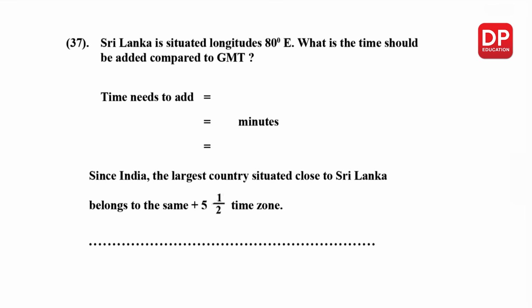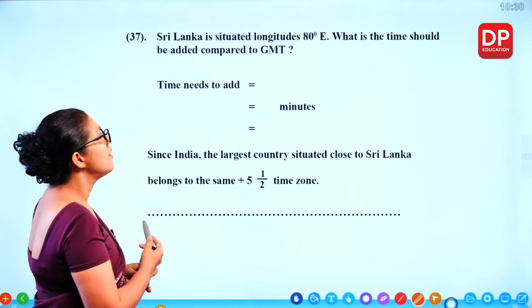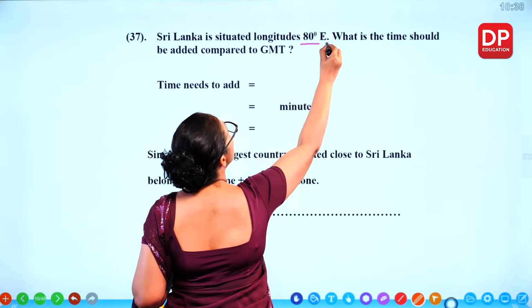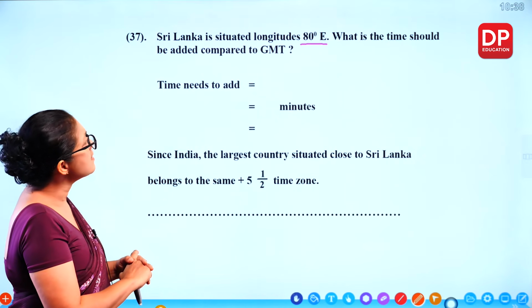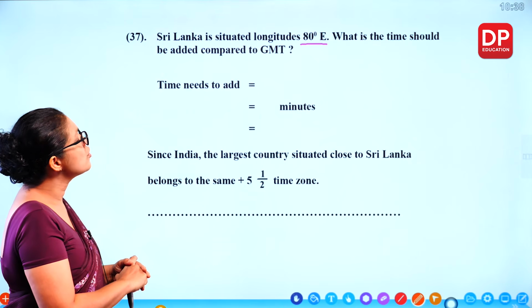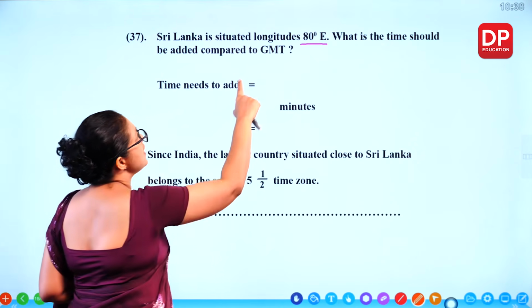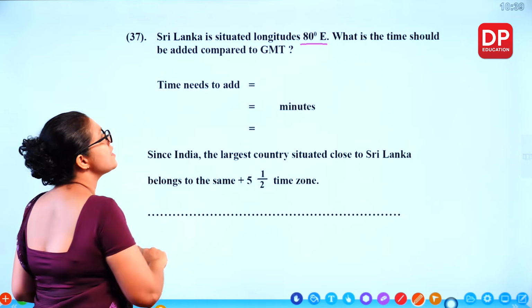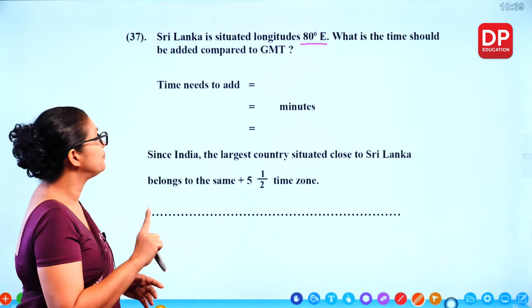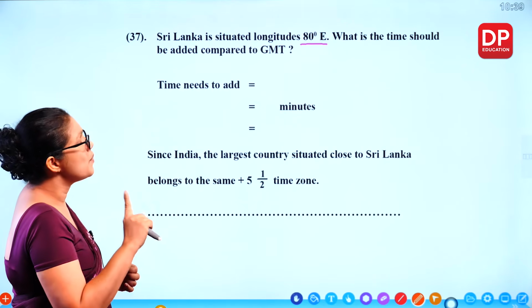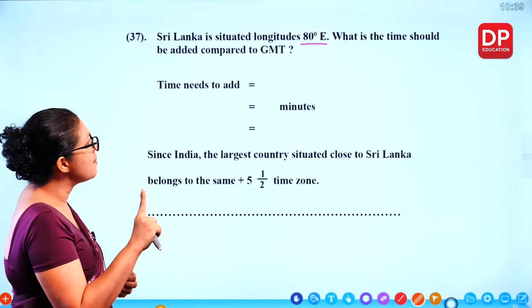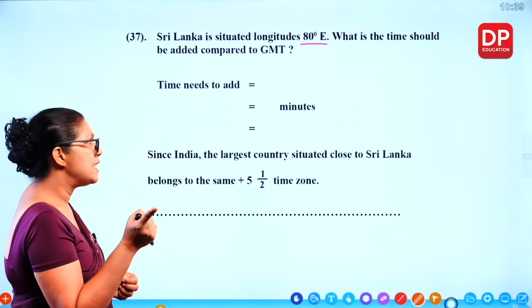Sri Lanka is situated at longitude 80 degrees east. It's good to know this, 80 degrees east. How much time should be added compared to GMT, Greenwich Meridian Time? At GMT it's 0. Time needs to be added for 80 degrees. We know 1 degree means 4 minutes.